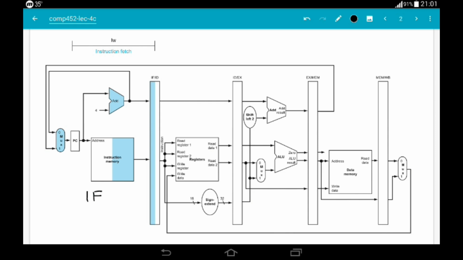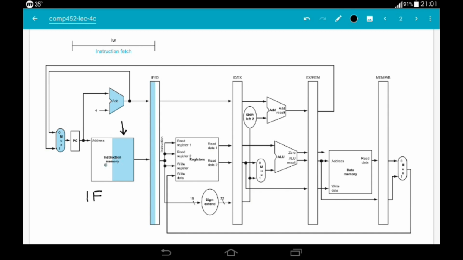In the instruction fetch stage, which components are used? We are using this instruction memory, and you can see that its right half portion is shaded. This means that this memory is performing a read operation.